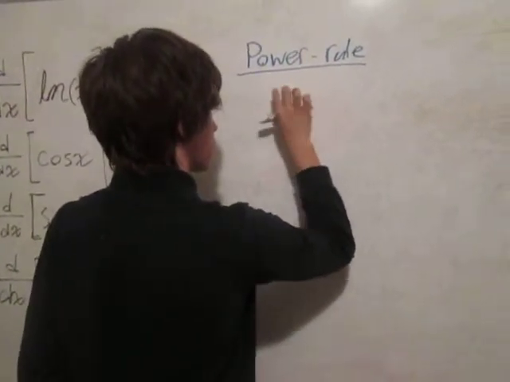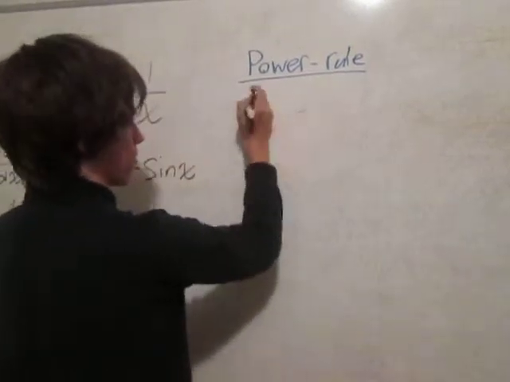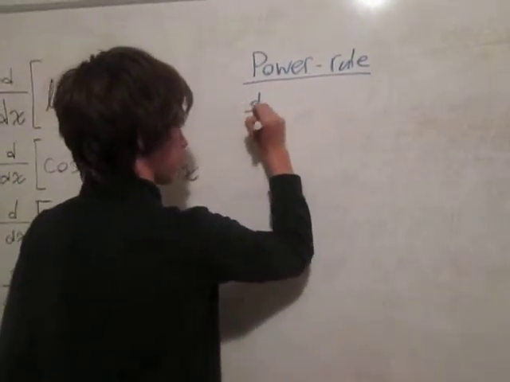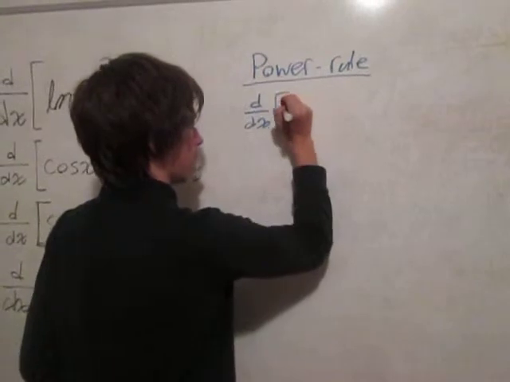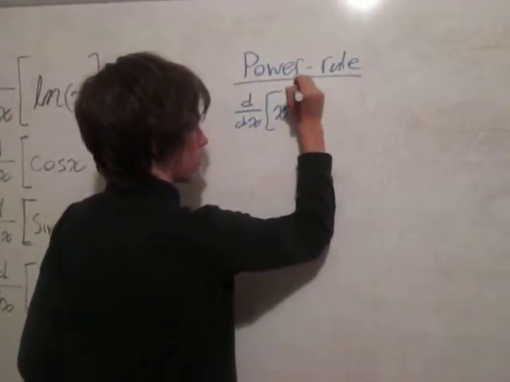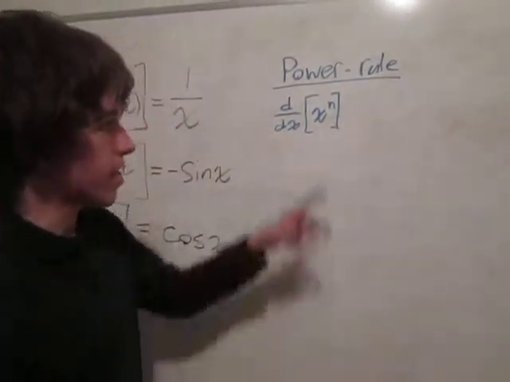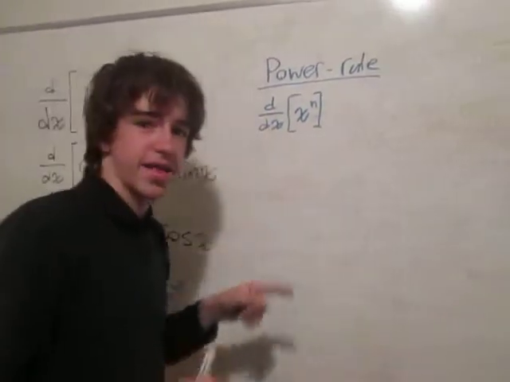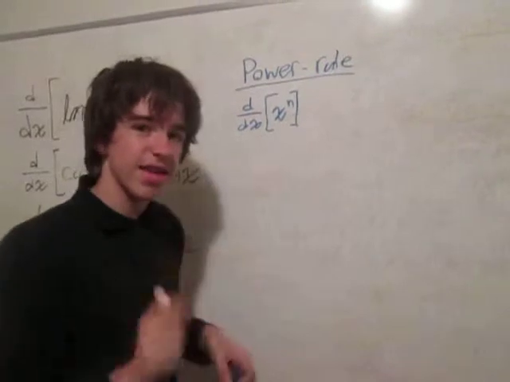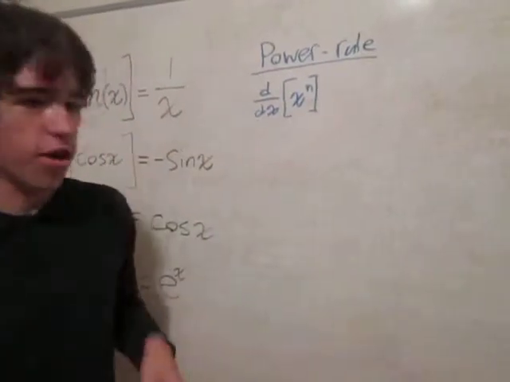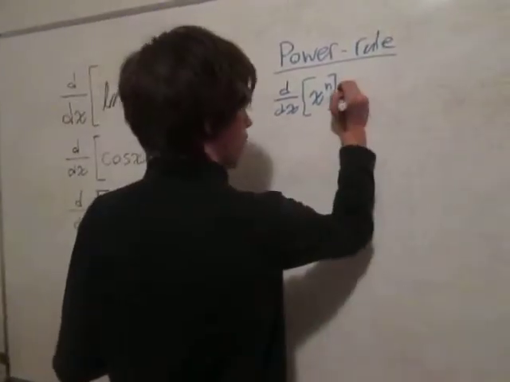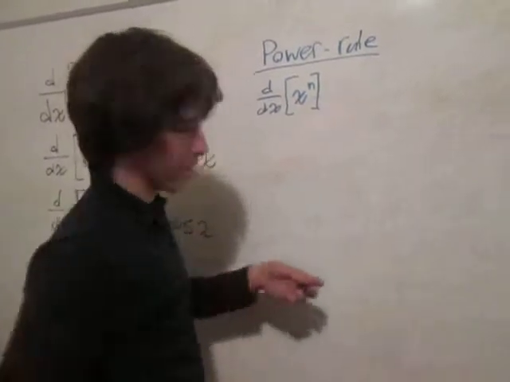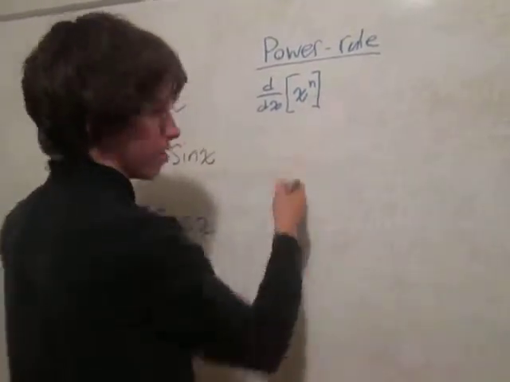Well, if we're taking the derivative, because that's really what we care about, of x to some power, we take that power, turn it into a coefficient, and then slightly decrement the exponent of our new value, or in this case, a variable, depending.